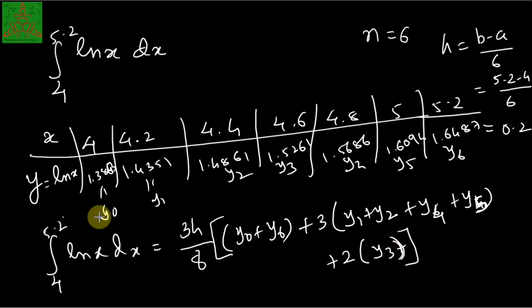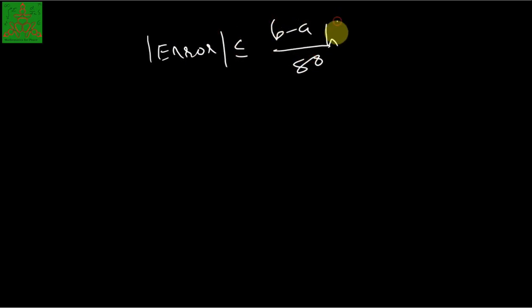If you substitute the values, with h equal to 0.2, and calculate using the calculator, this will give you 1.82758, which is the approximate value. And the error bound for this method is bounded by b minus a upon 80 into h raised to 4 times f to the power 4.